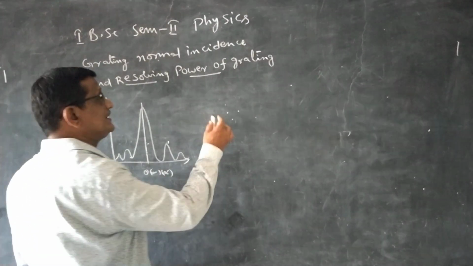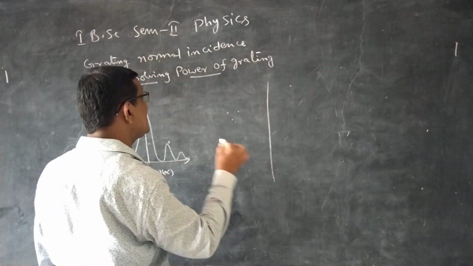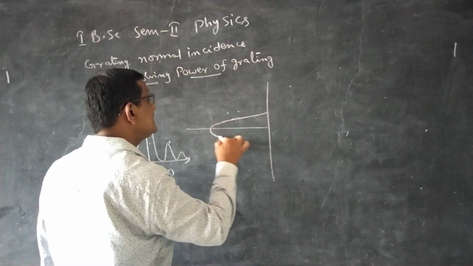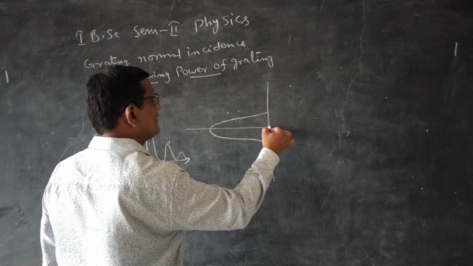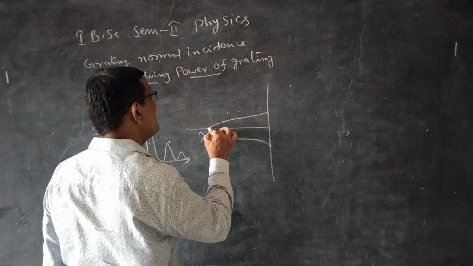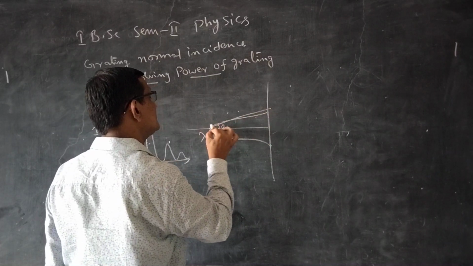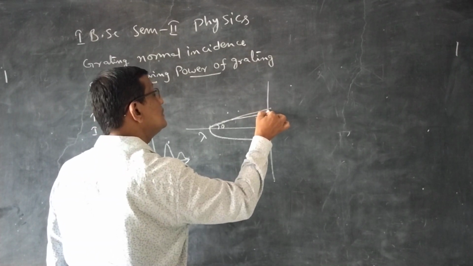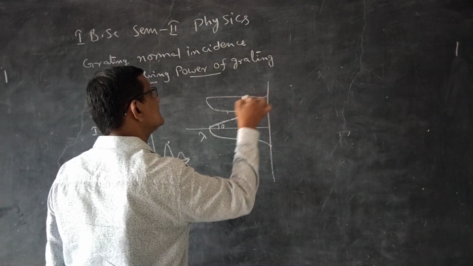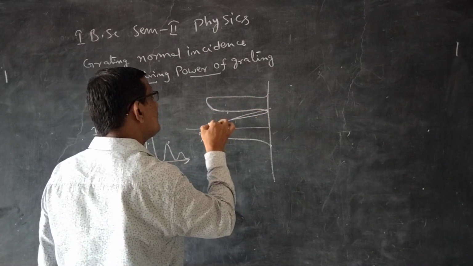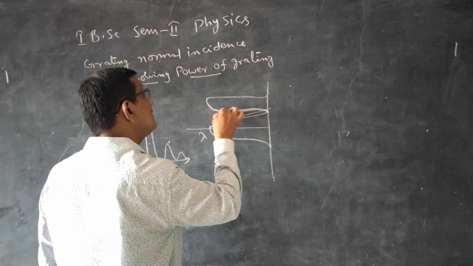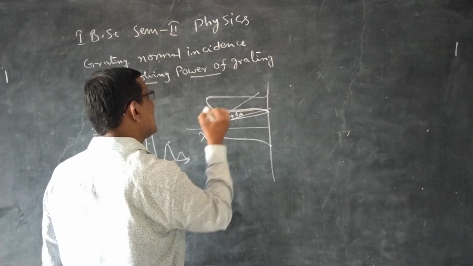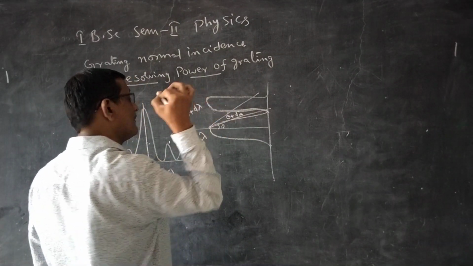In order to observe two lines distinctly using a grating, this is the principal maximum for one line having wavelength lambda, at this angle of diffraction theta. For the second line, the principal maximum should be like this. That is, the secondary maximum of the first one becomes the primary maximum of the second line. For the second line, let the angle be theta plus d theta and the wavelength be lambda plus d lambda.